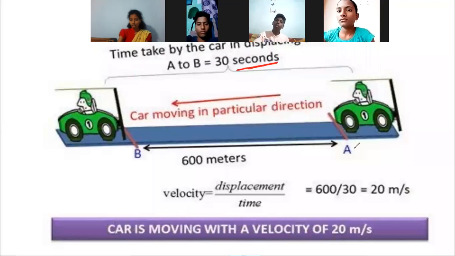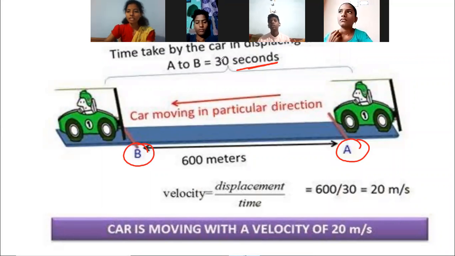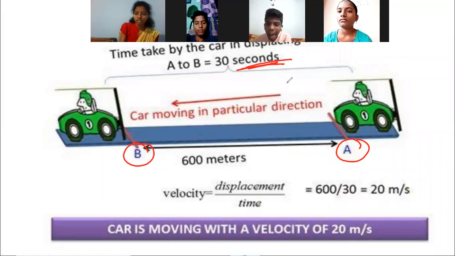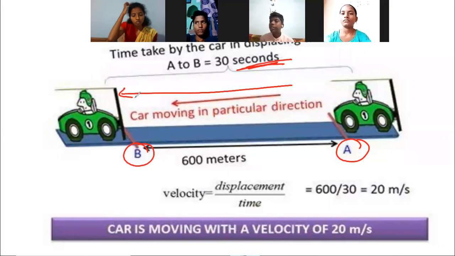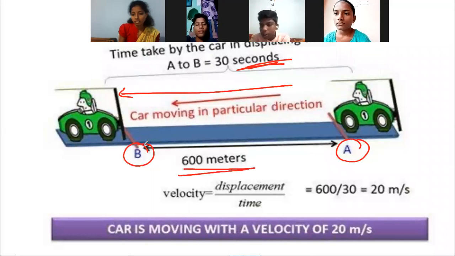Here this is point A and this is point B. The car is moving in this particular direction. The distance from A to B is given as 600 meters, and the time is given as 30 seconds. Now can you tell what is the velocity of this car?